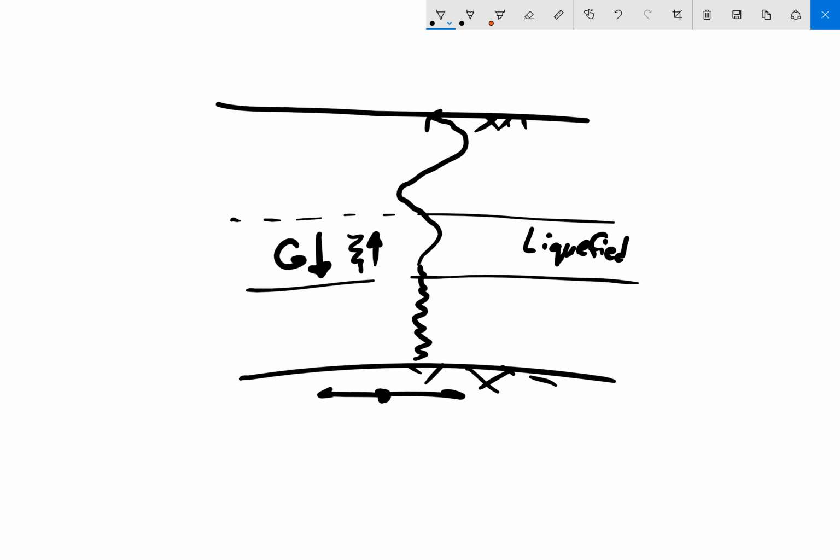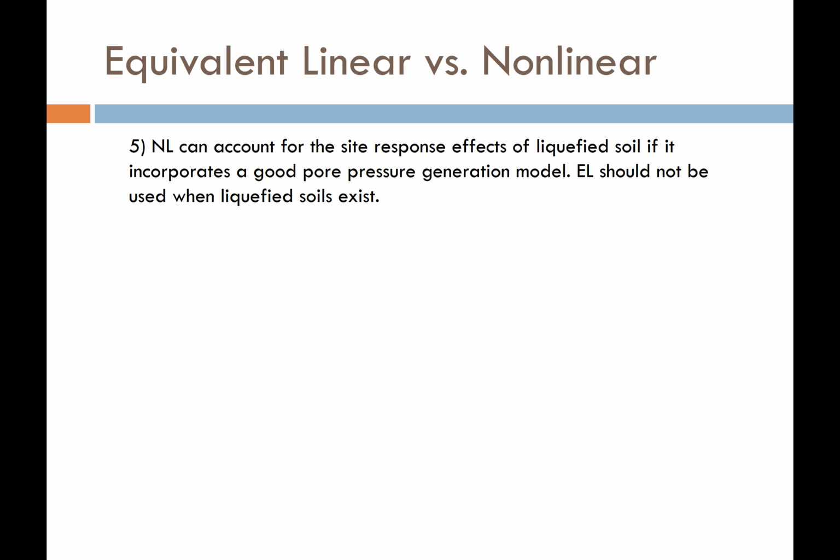So if I'm trying to predict what my motions are going to be at the ground surface, then having this suddenly softened soil in my profile is going to make a huge difference. We cannot account for that in equivalent linear, but we can in nonlinear as long as we have a good pore pressure generation model. So once again, round number 5 goes to the nonlinear analysis.